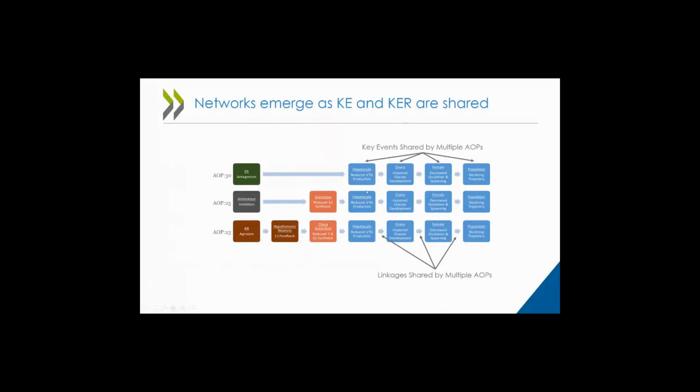After that, they follow the same pathway, so they share key event relationships and key events between this key event and the adverse outcome. And in this way, when you share a key event or key event relationships, networks begin to emerge. And as networks emerge, the AOP system begins to resemble biology.